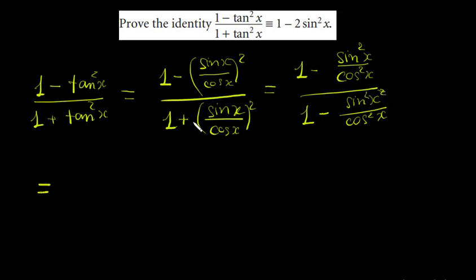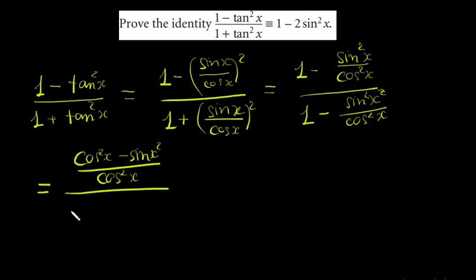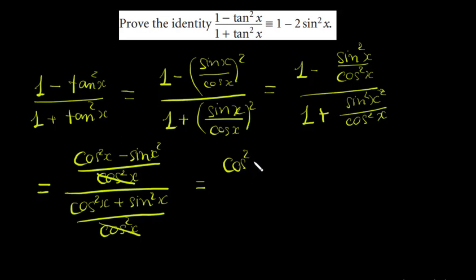Then I have cos squared x minus sine squared x over cos squared x, over cos squared x plus sine squared x over cos squared x. Because the denominators cancel each other, I have cos squared x minus sine squared x over cos squared x plus sine squared x.